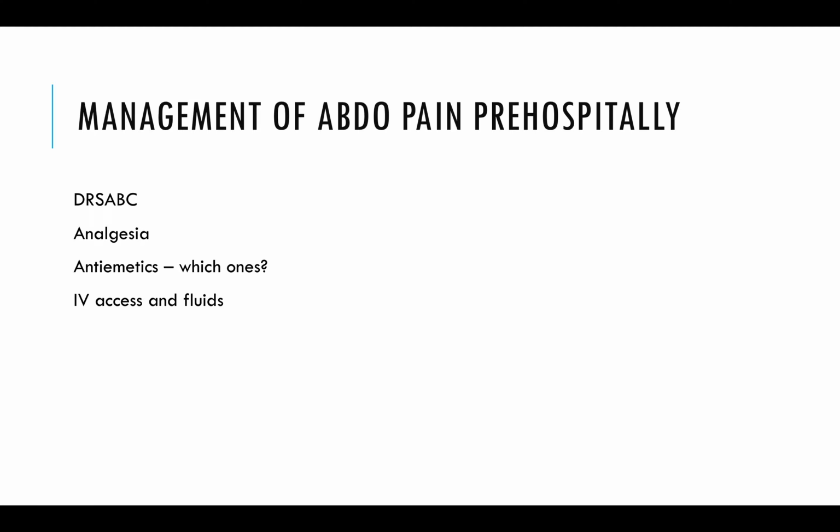If your concern is any type of PR bleeding, if you're worried that they've got a ruptured AAA or anything like that, then we want to be doing very minimum fluid volume resuscitation. I'm not sure if you've done your trauma subject yet and you've talked about shock and why we treat with minimum fluid volume, but obviously the main thing someone in that situation needs is 1, blood products, and 2, surgery.